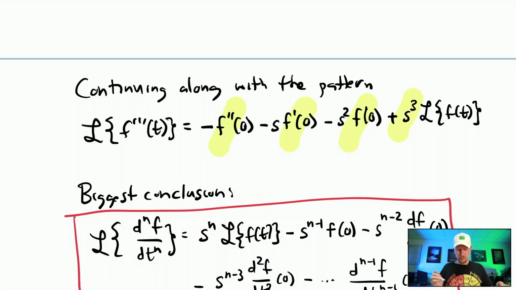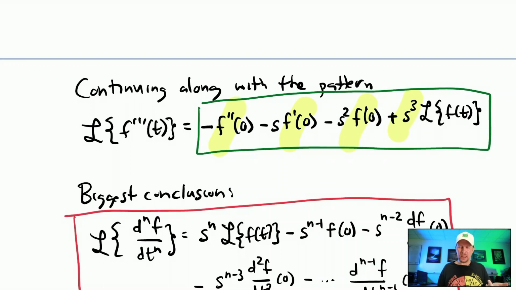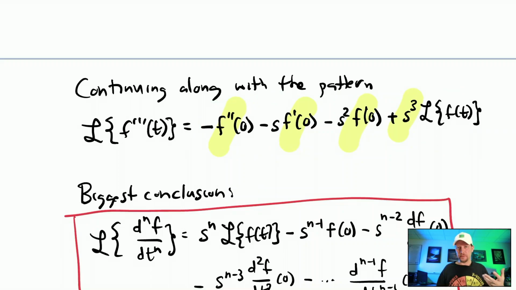What you end up with on the right-hand side over here is algebraic in s. It is a polynomial in s. And that's the important thing whenever you take Laplace transforms of derivatives. And we'll talk more about this as we go on.